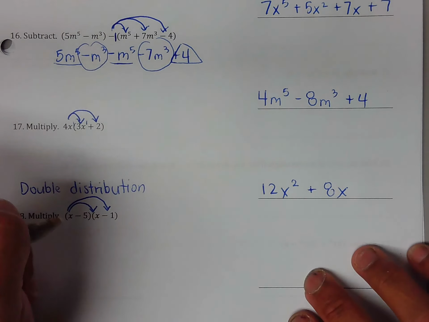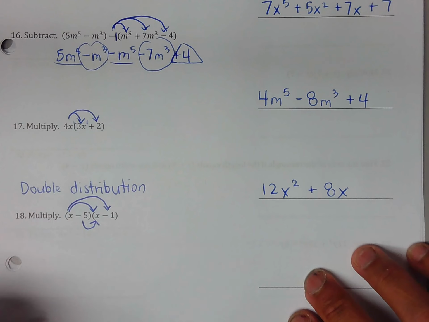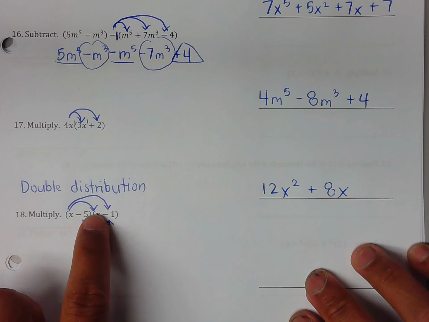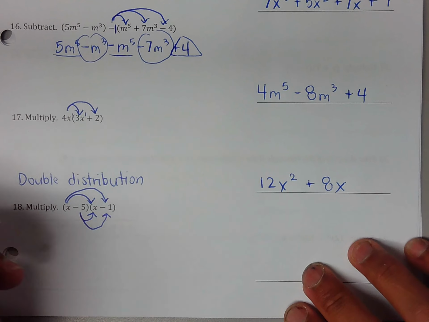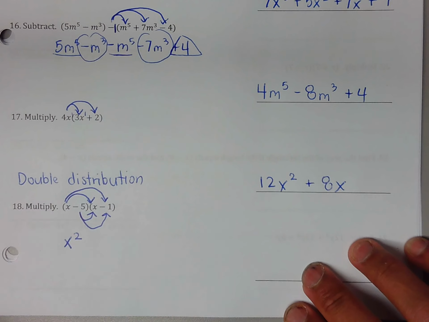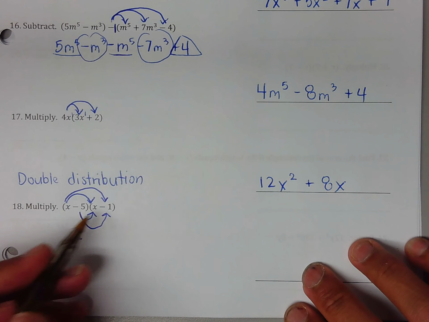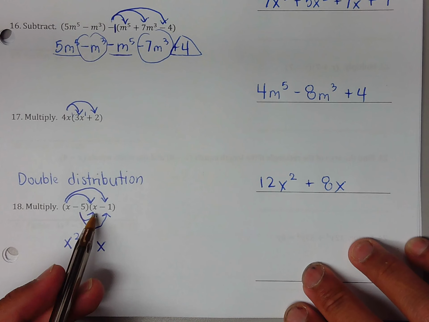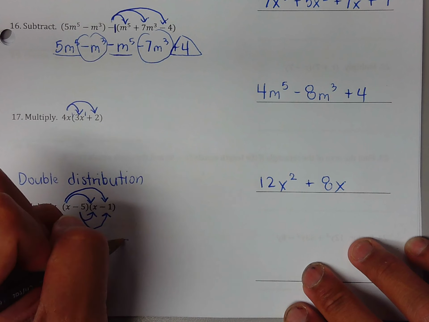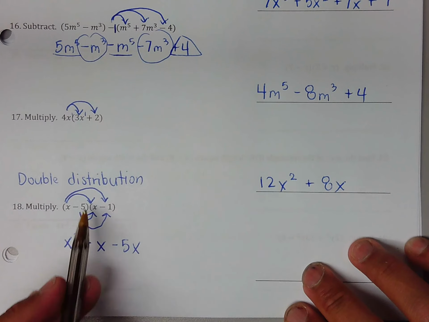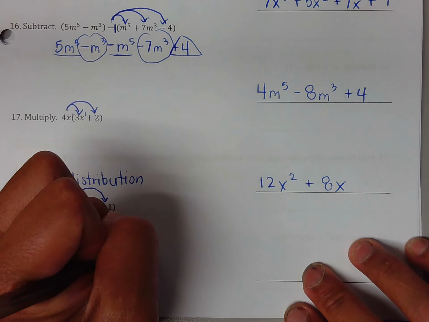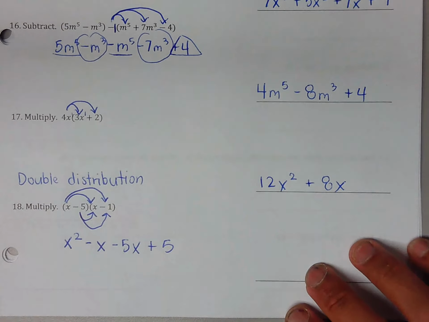And then we distribute twice, negative 5 times x, negative 5 times negative 1. So x times x, using our exponent rules, that'll be x squared. x times negative 1 gives us minus x. Negative 5 times x gives us minus 5x. And then negative 5 times negative 1 is positive 5.